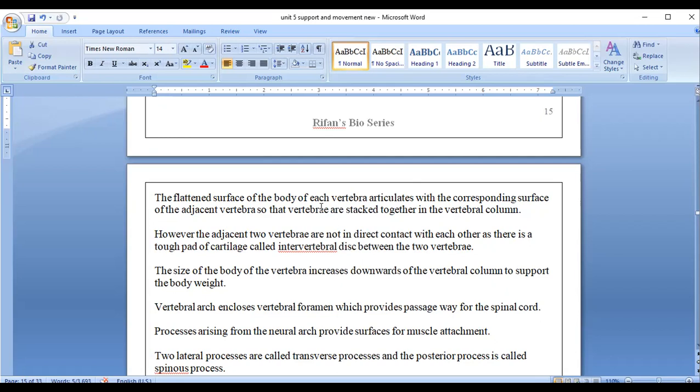One body, above that body there will be an intervertebral disc kept. On that one, the other body is kept. Then above that one, an intervertebral disc kept. Above that one, another body is kept. So what is this material staying in between?